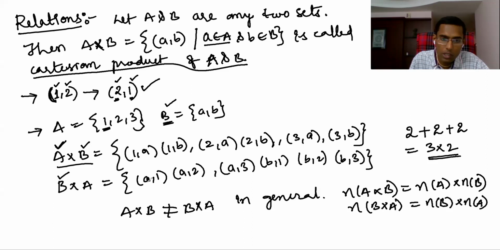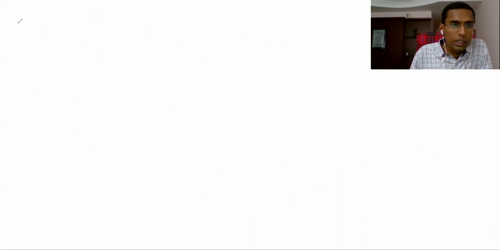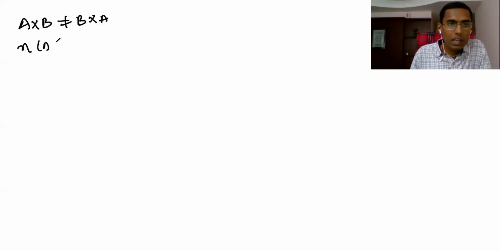Here 1 comma A, here A comma 1. So that is like that, ordered pair. So that is now here A cross B. What is this, Cartesian product of A and B? That is different from B cross A, I told. But number of elements in A cross B is always equal to number of elements in B cross A. Number of elements are same, but order is different.